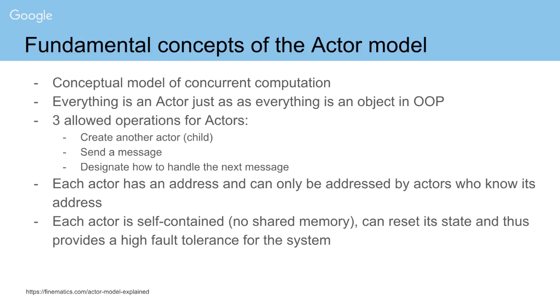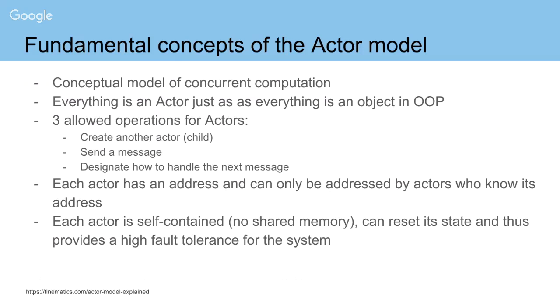So every actor can create another actor, which becomes a child. Then we can send messages between each actor, which is a very important concept, because this is the core behind this idea, which I will go into more detail later. And then we designate how to handle the next message that comes in.